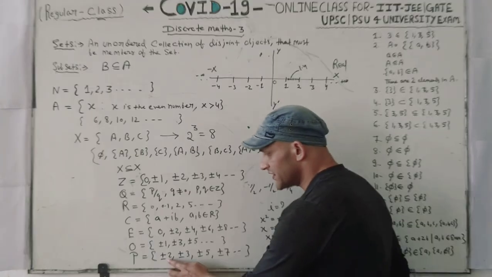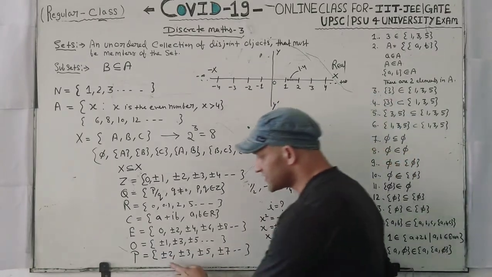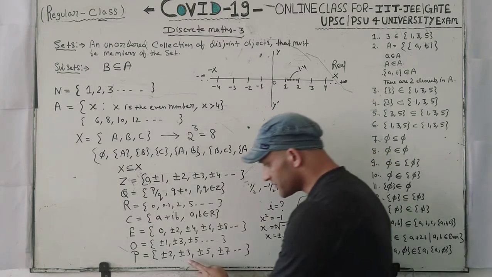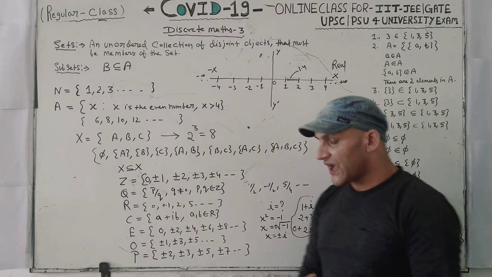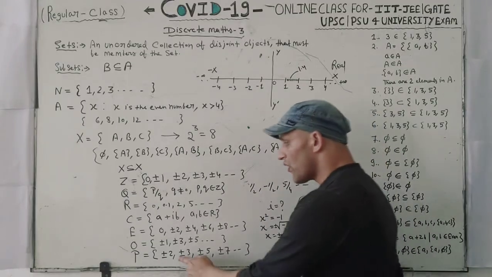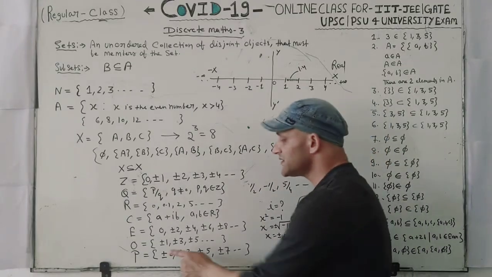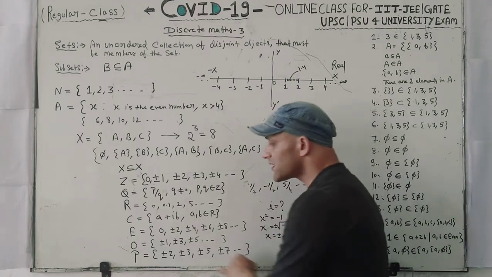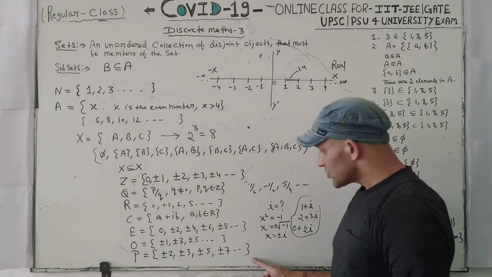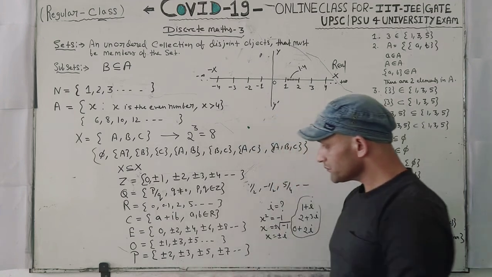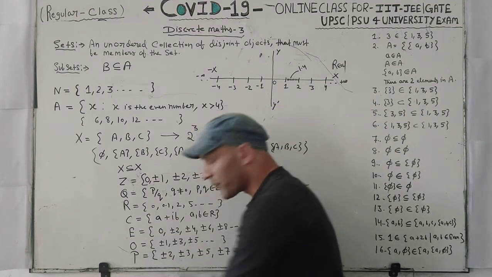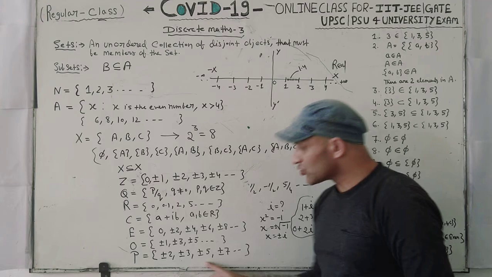One is divisible by 2 or by 1. Another is divisible by 3 or by 1. If a number has only two factors, one is 1 and the second is itself, then such a number is a prime number. All these numbers satisfy this property. It means that this is also a set.